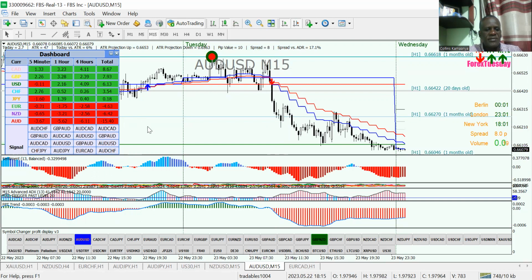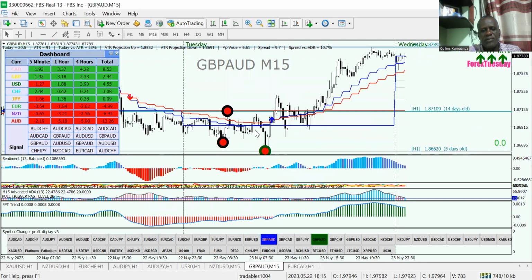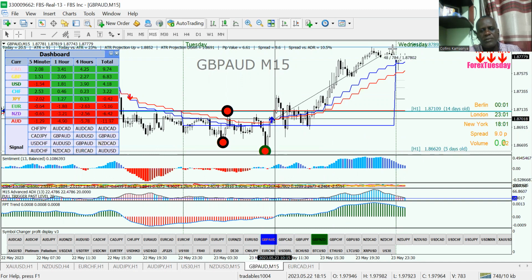So like that. From this column, 1 hour, let us look at it. Very calm. The 7 pips.